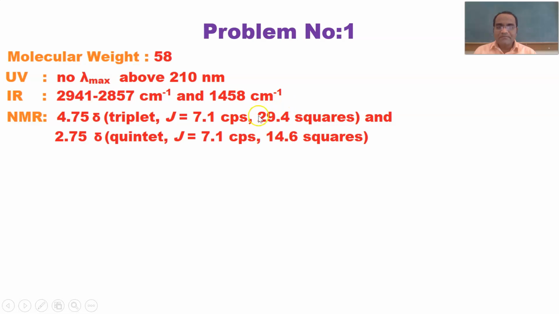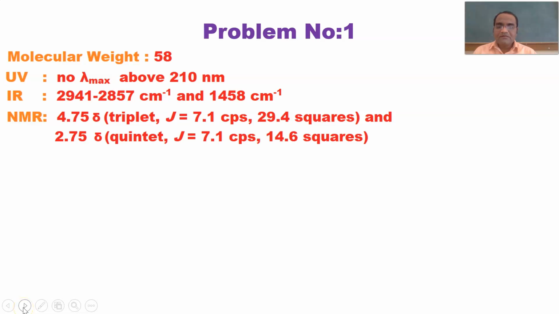Squares mean how much area has been occupied by those hydrogens. In the earlier days the spectrum was recorded on graph paper, and at that time the squares were calculated, that is, the area under the scale. But nowadays there is software that can directly calculate the number of hydrogens.